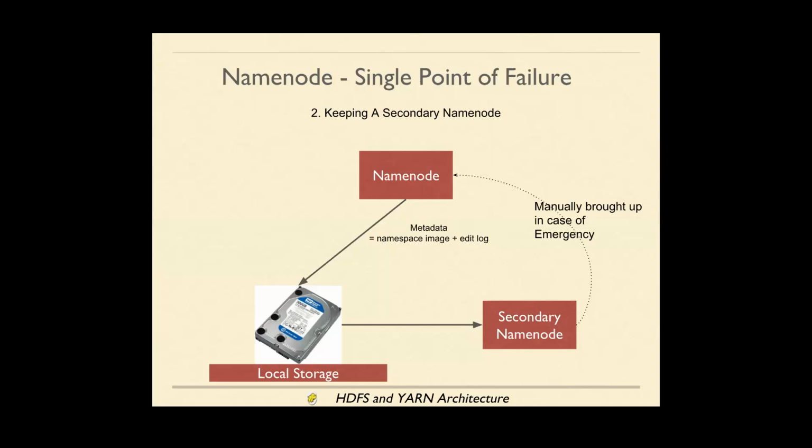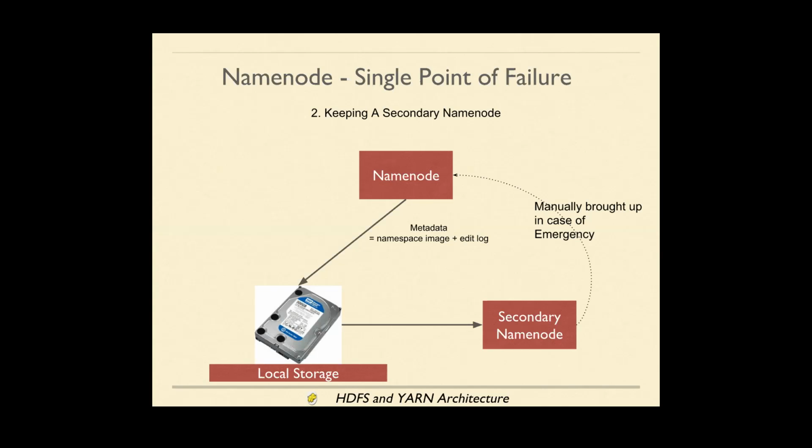In case a name node goes down, edit log and namespace are merged, and then the secondary name node is turned on because a copy of the metadata was available in the network. So basically the secondary name node is nothing but another name node installed. Every time the name node fails, the metadata which has been backed up is merged and the secondary name node is turned on.